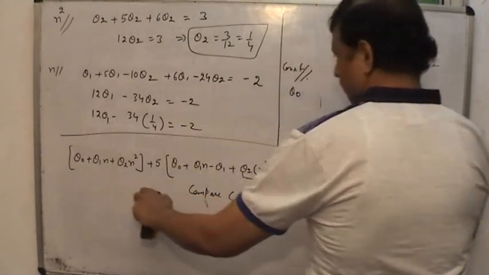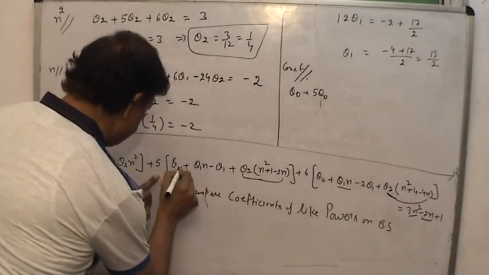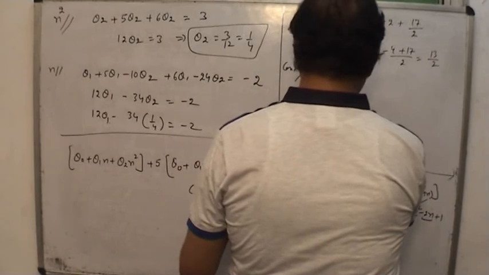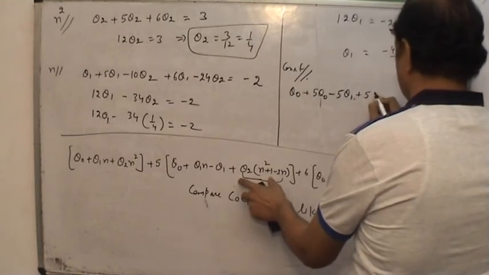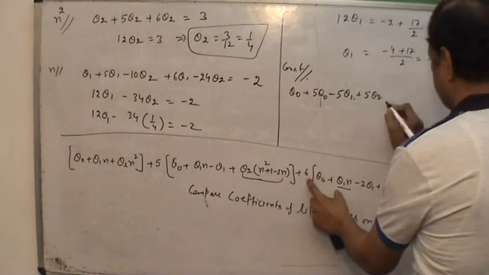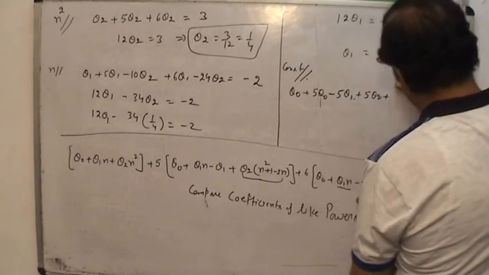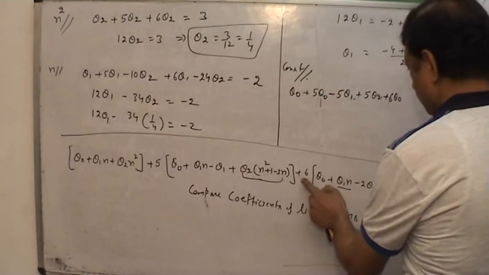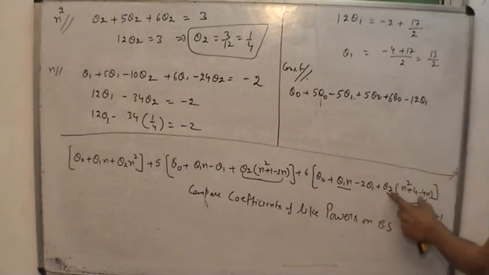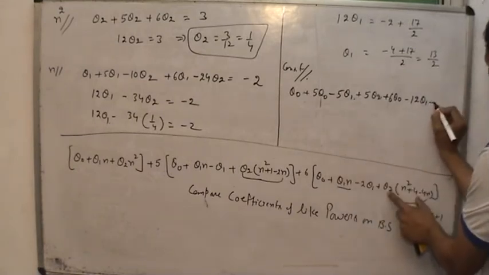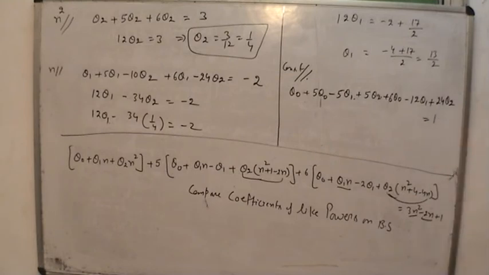It is Q0, then 5 Q0 minus 5 Q1 plus 5 Q2 from here, plus 6 Q0 minus 12 Q1 plus 24 Q2, is equal to, on the right hand side, the constant term, which is 1.